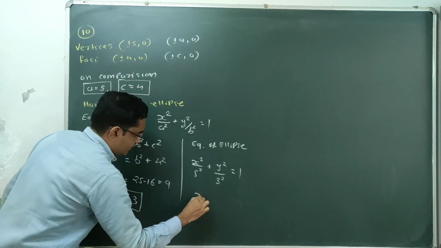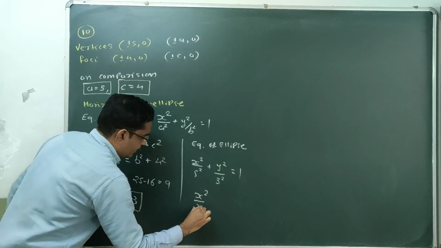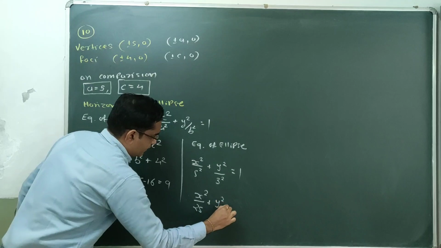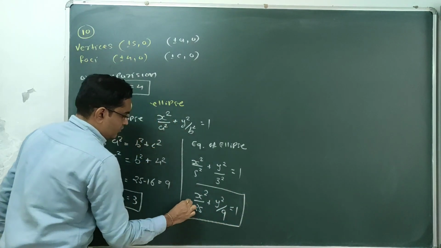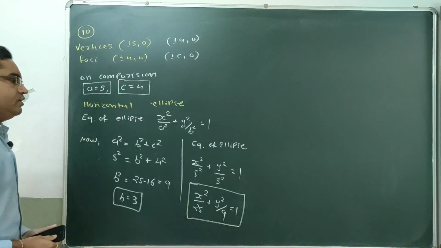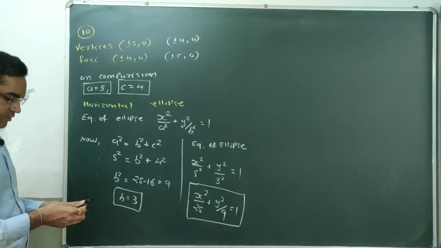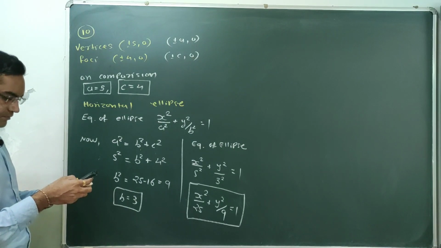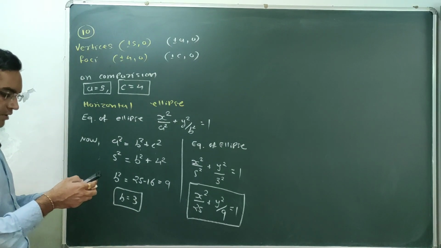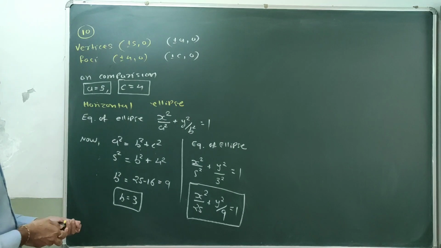Therefore our answer is x square upon 25 plus y square by 9 equal to 1, which is the equation of the required ellipse. Clear, friends? So this is your question number 10.